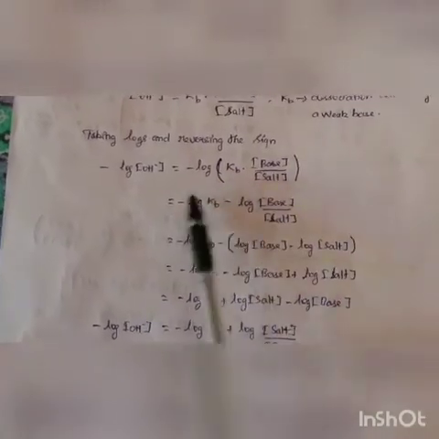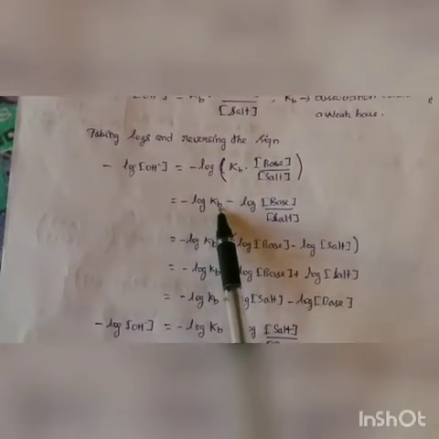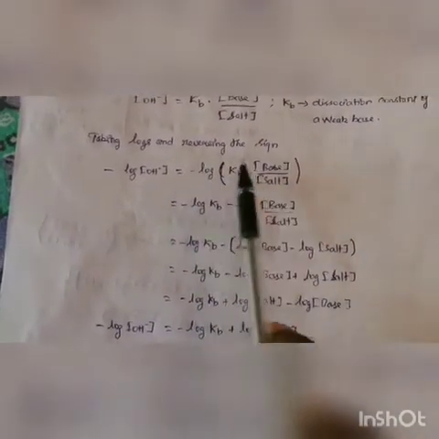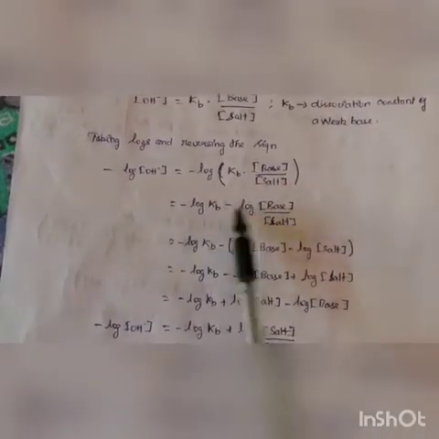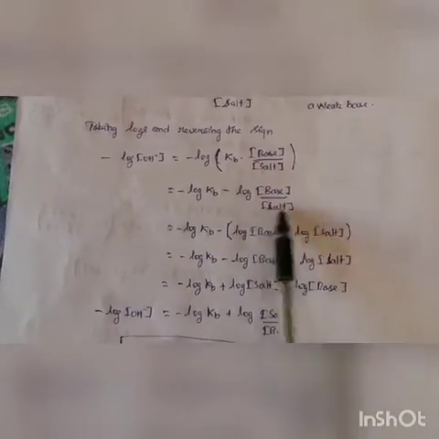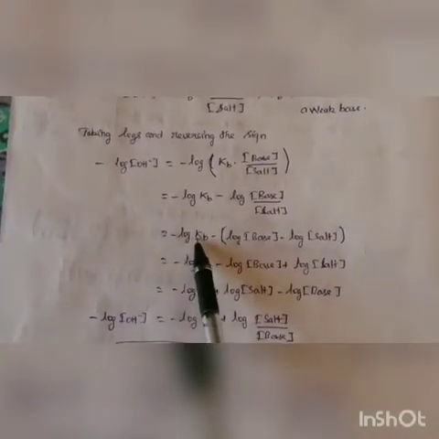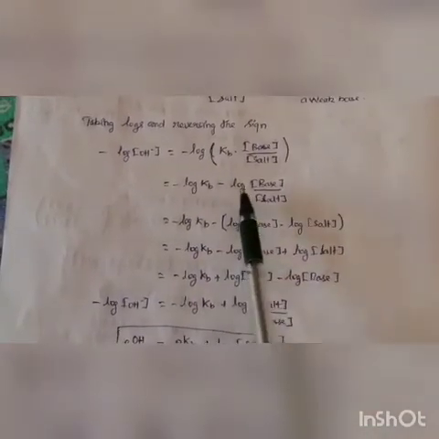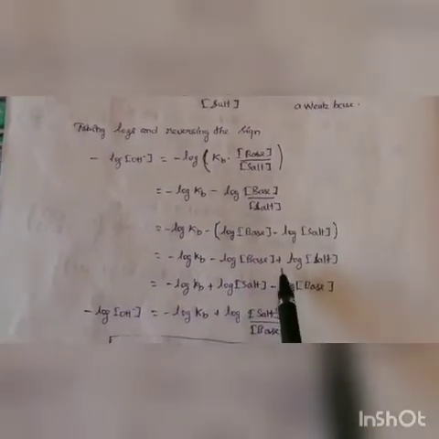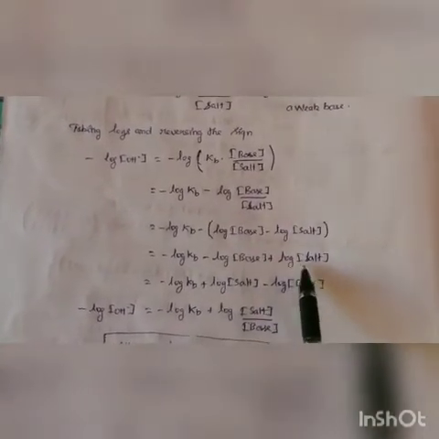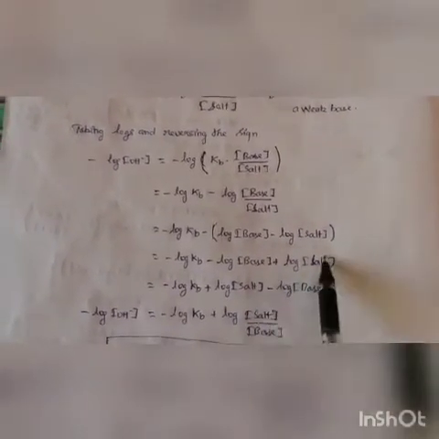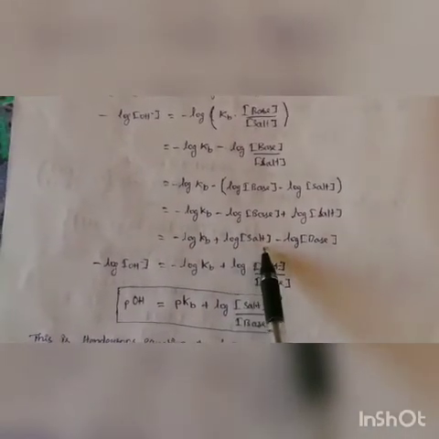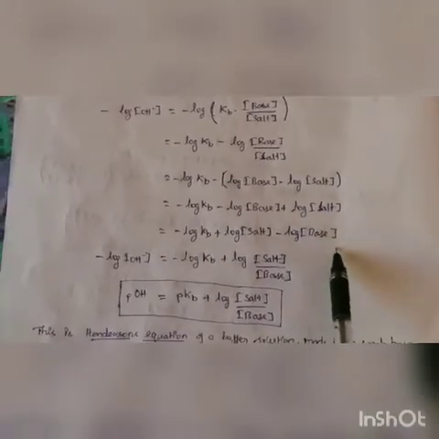So when you take the minus sign, what happens? Minus log Kb, and the log of the ratio gives minus log concentration of base divided by concentration of salt. So minus log Kb minus log base, and the division becomes plus log concentration of salt. If we rearrange, minus log Kb plus log salt minus log concentration of base.